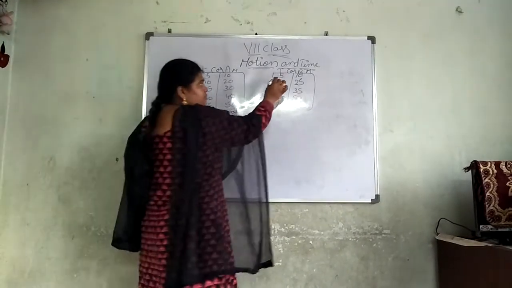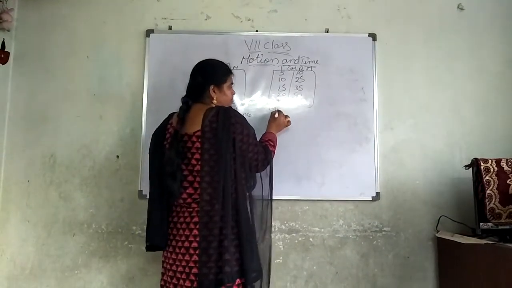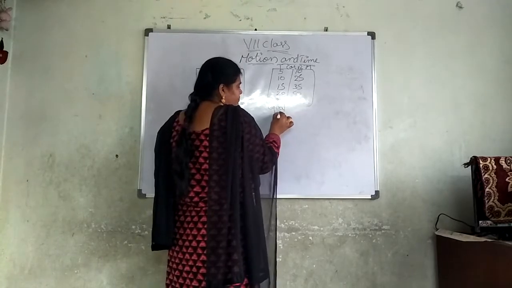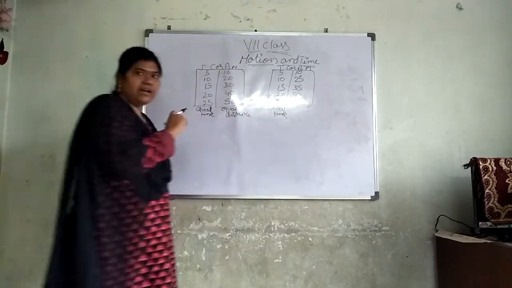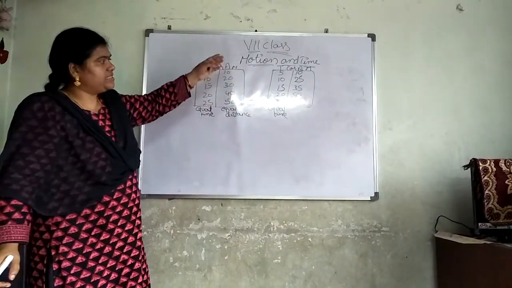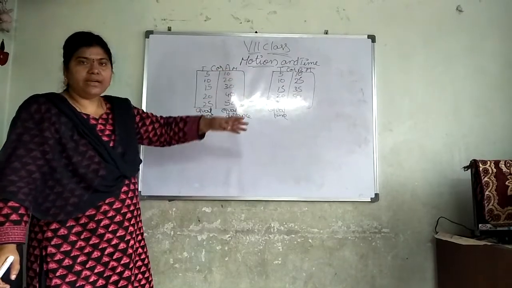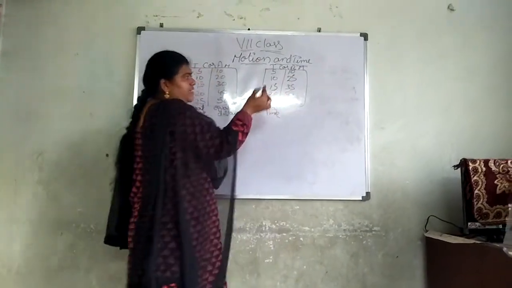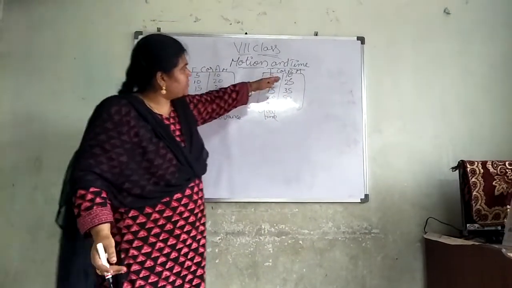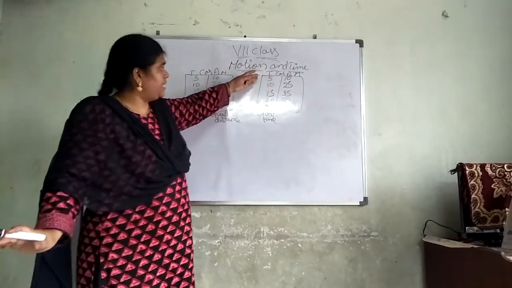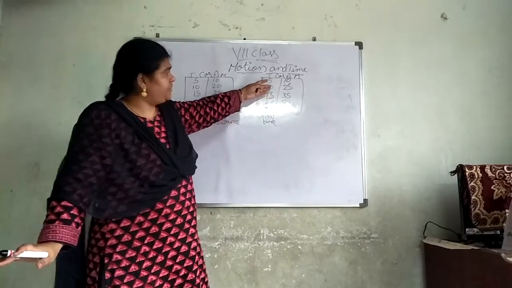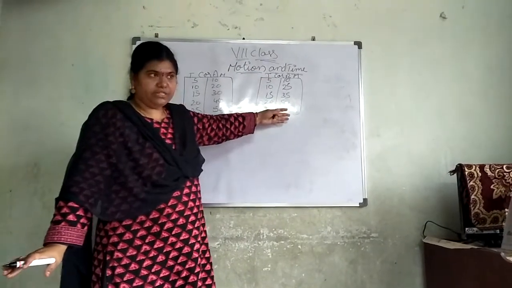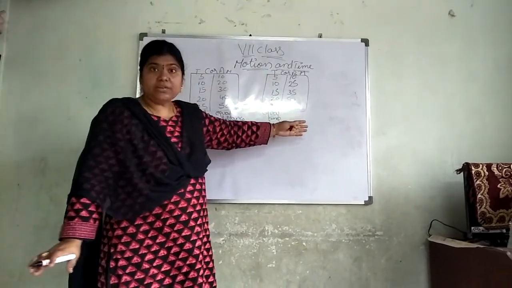In the second case, you see the time is equal. Just like the first car, the second car also has 5 minutes, 10, 15, 20, 25. But the distance travelled is 10, 25, 35, 50, 80. For the first and second, a 15 difference was there. For second, a 10 difference was there. For third, a 15 difference. For fourth, a 30 difference.